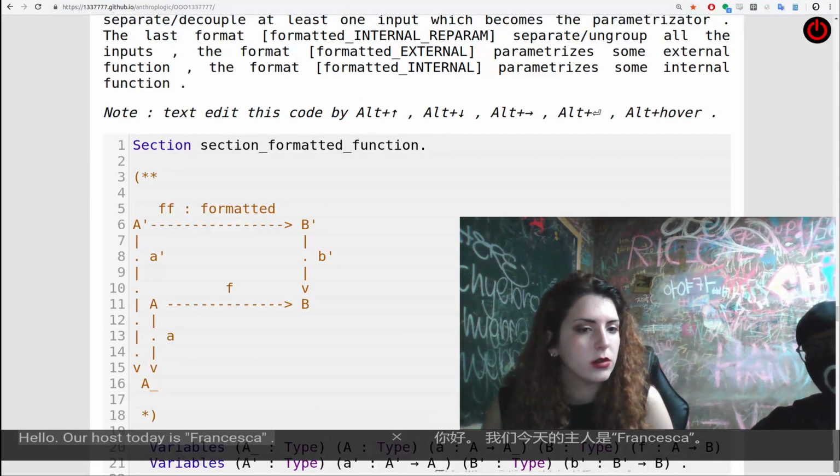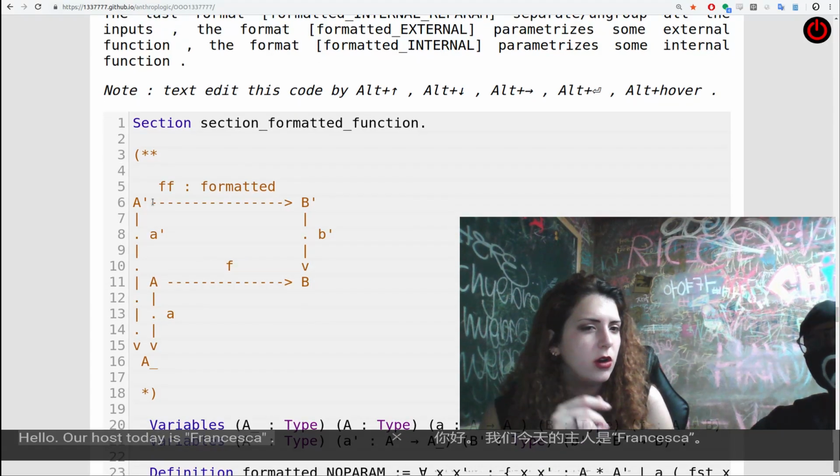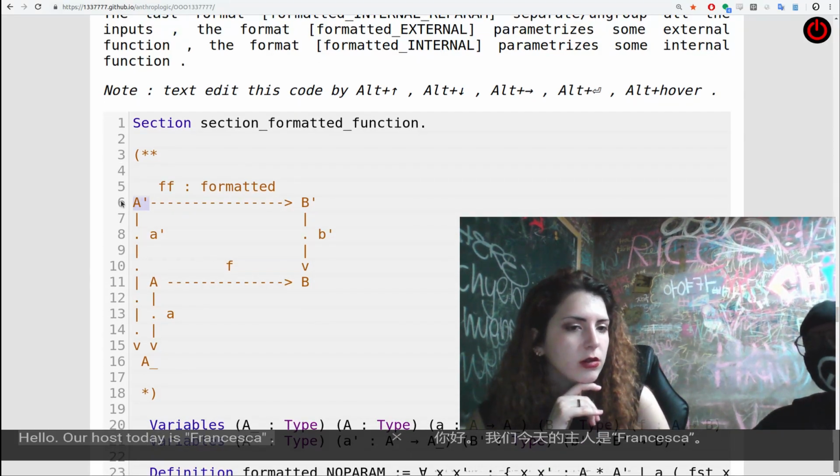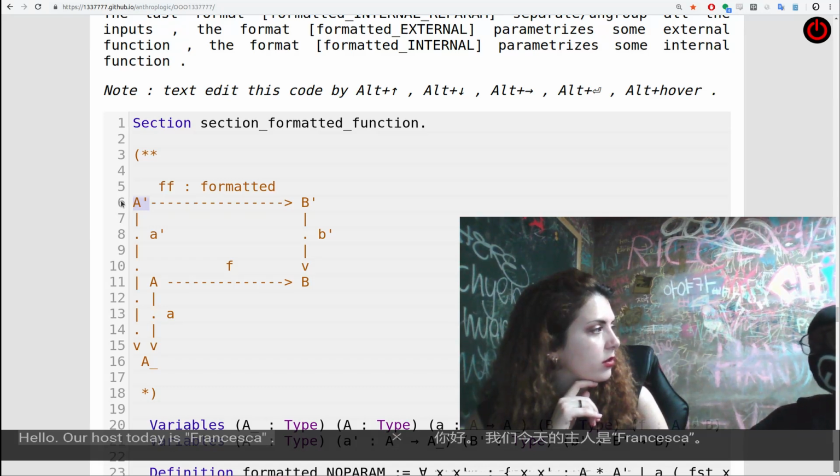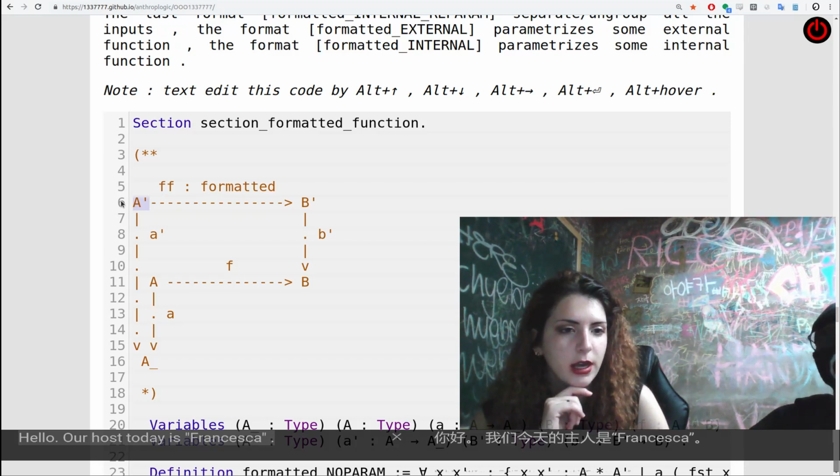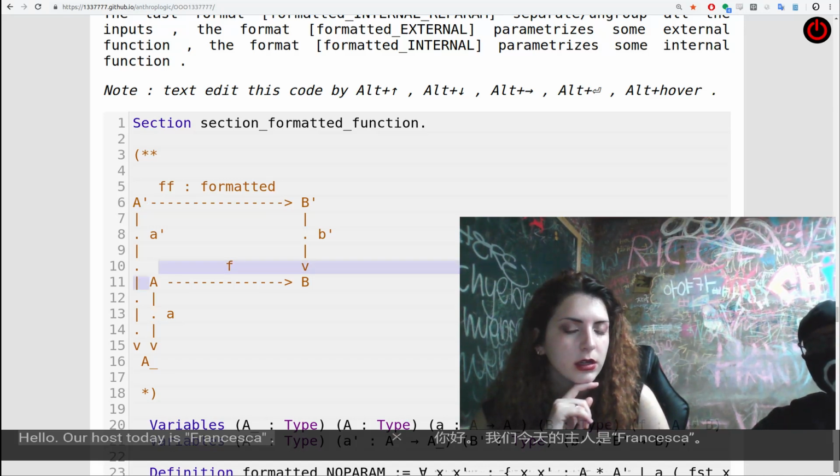Another way to see it is that you take A prime first. Then you rest a little bit, take a coffee, relax. And then after you take A, together with the evidence that they coincide below.